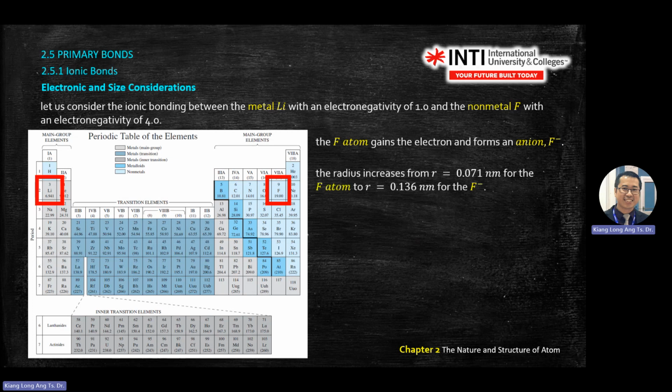So F negative, the radius increases. Why increase? You imagine this one is ferrum. Outer got 5. 1, 2, 3, 4, 5. An extra member comes inside. Inside got what? Inside got 9 positive. Outside, after you add, you got 10 negative.